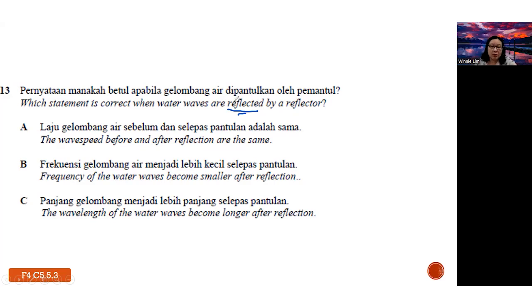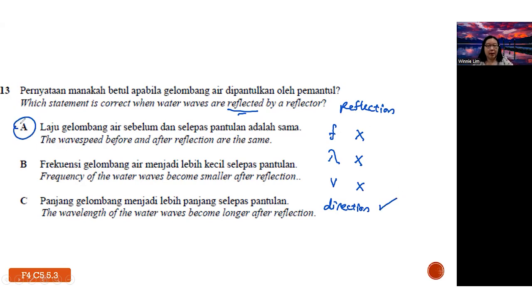For reflection, these are the quantities they always ask: frequency, wavelength, speed, and also direction. For reflection and also diffraction, frequency doesn't change, wavelength doesn't change, speed doesn't change. They only change in direction. So the correct answer is A, because frequency and wavelength change for B and C.